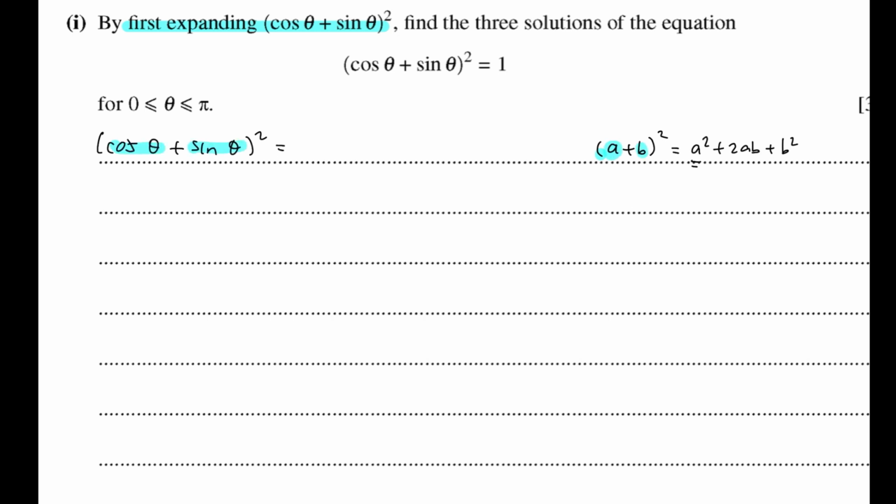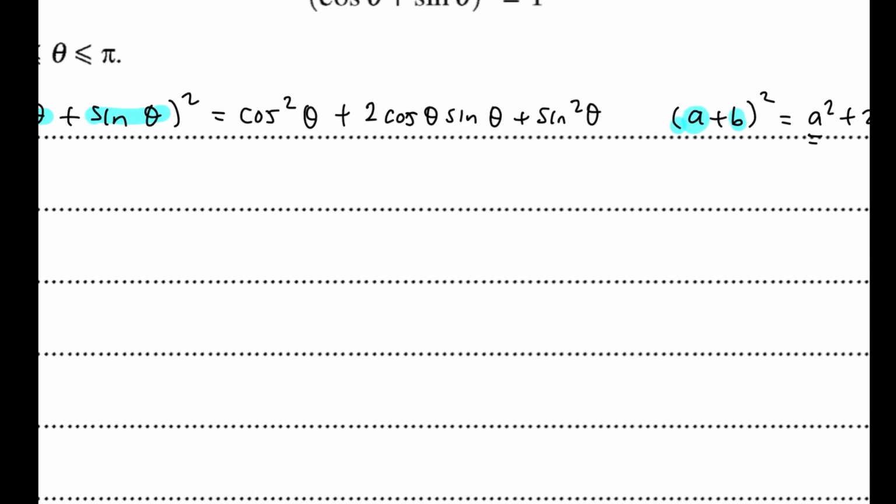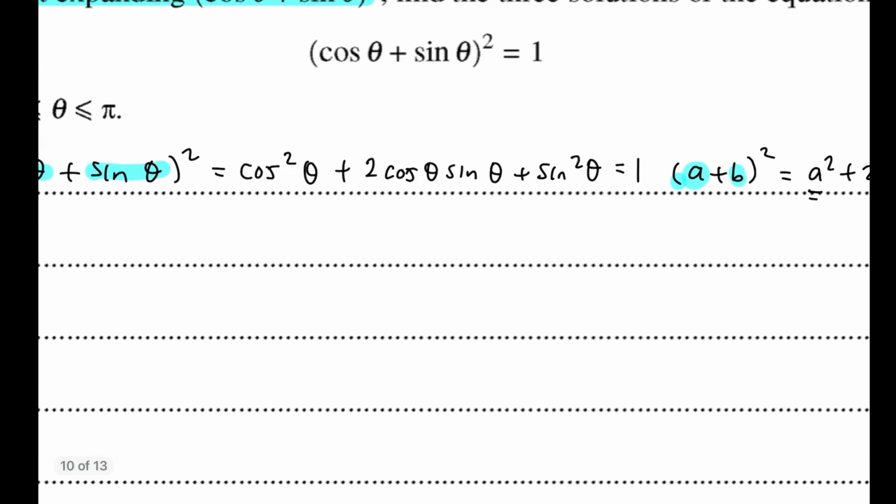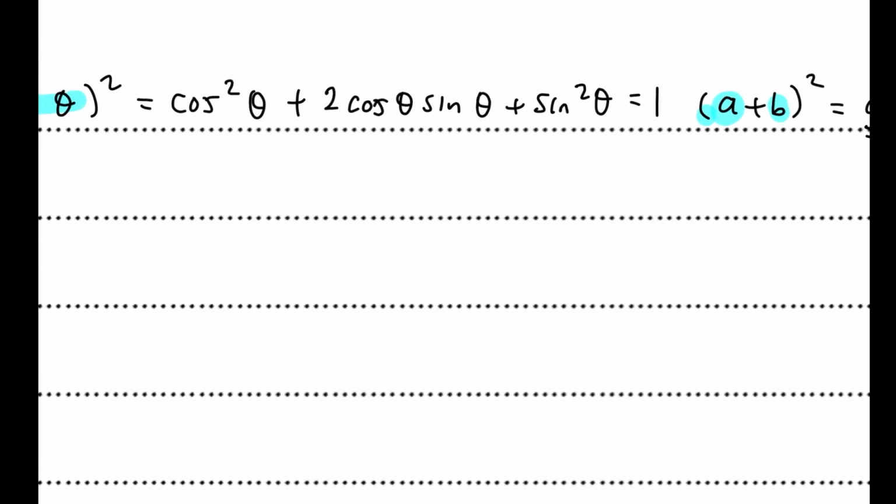So it equals a squared, or cos squared theta, plus 2ab, 2 times cos theta times sin theta, plus sin squared theta, and this will equal 1 because the question tells us it equals 1.